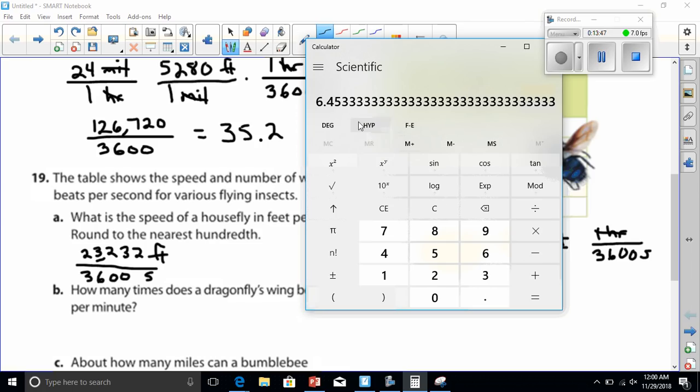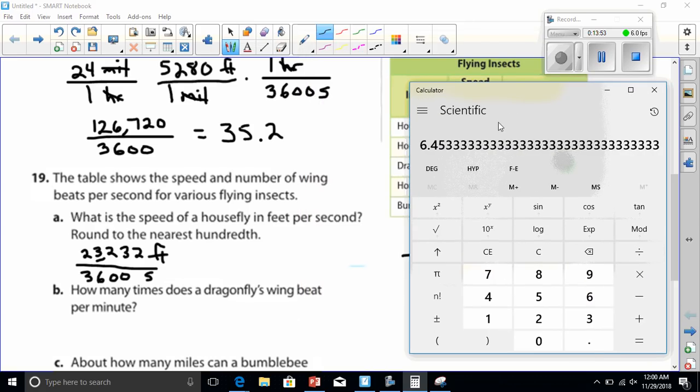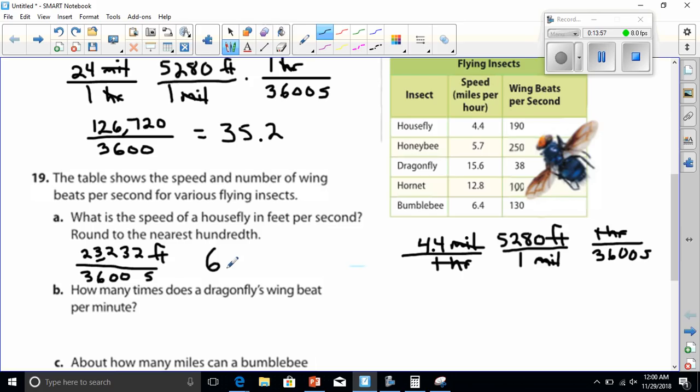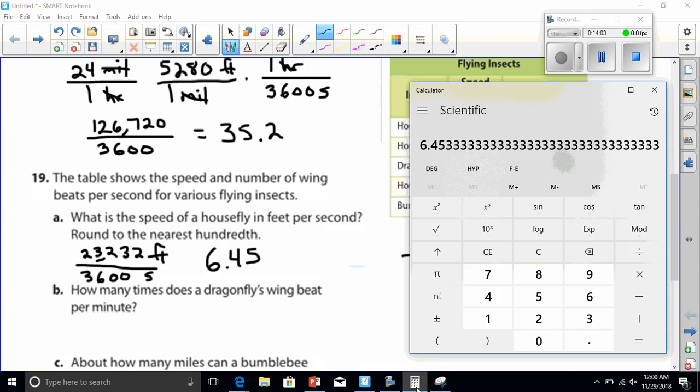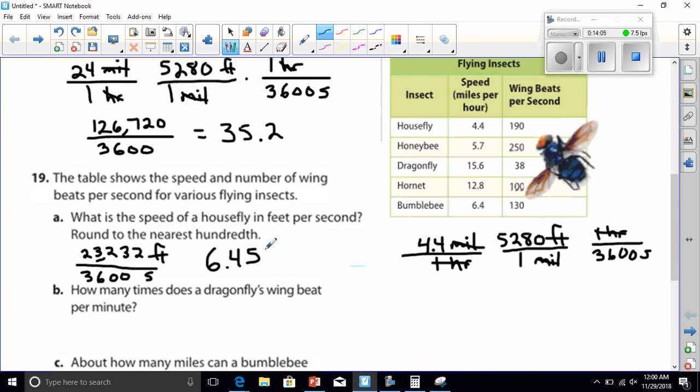That gives us 6.453 repeating. Let me double check that: 6.453 repeating. All right, and that's feet per second.